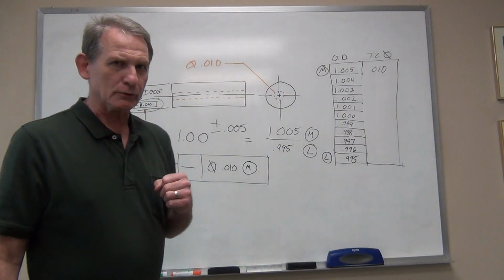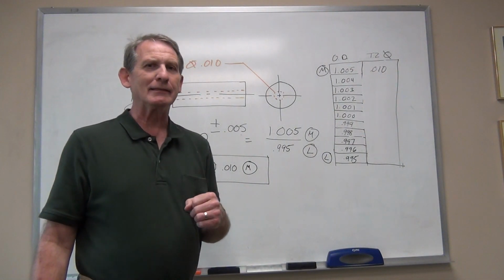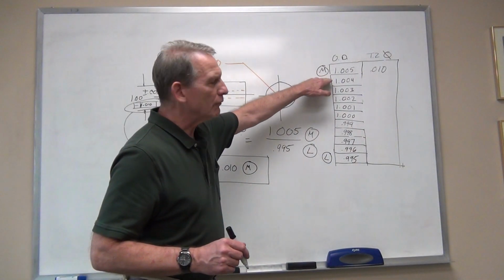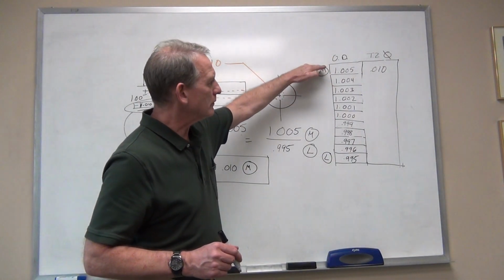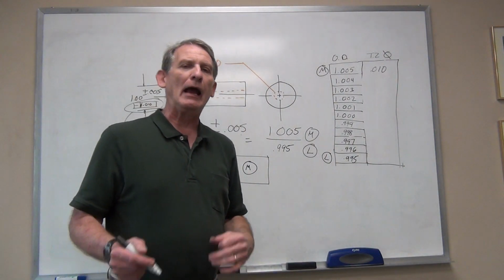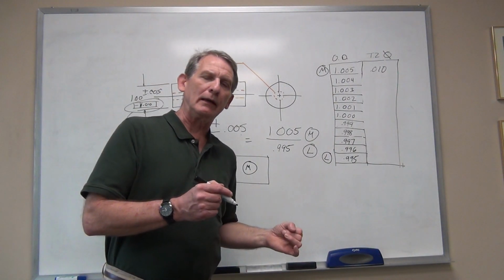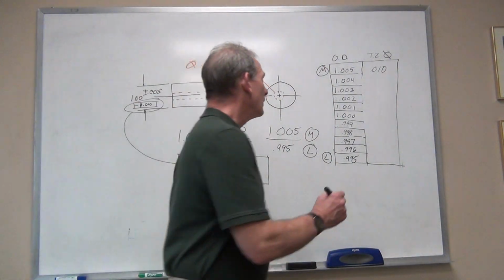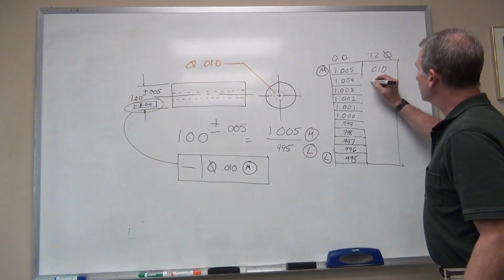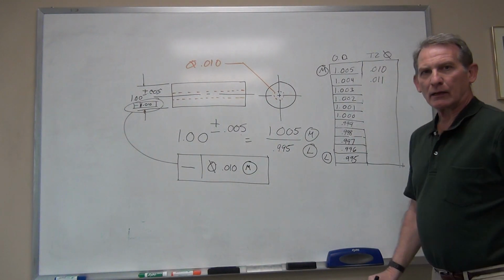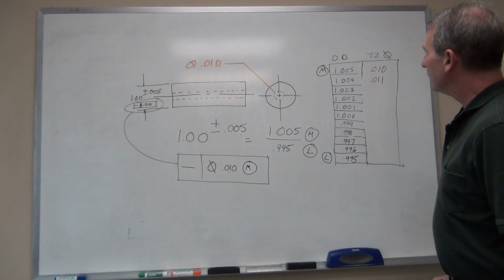What size tolerance zone do you get for straightness? Well, this is the easy part. For every thousandth that this shaft gets smaller, you take that thousandth that came off the OD and add it to the diameter of the tolerance zone. So at 1 inch 4 thousandths, the tolerance zone is a diameter of 11 thousandths.